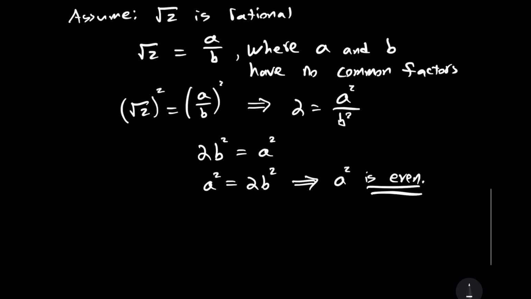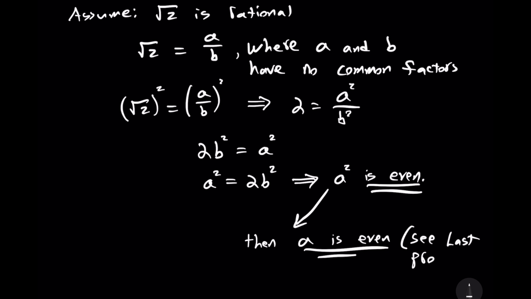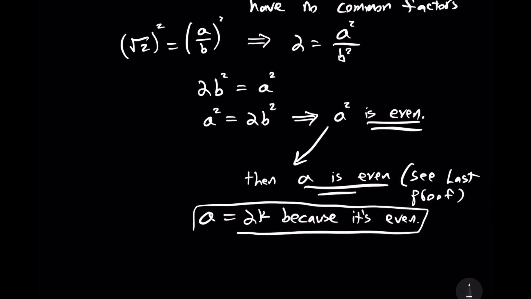So if a squared is even, then a is even. And remember, see last proof on that. So we can say that a is equal to 2k because it's even. So that's an important note.